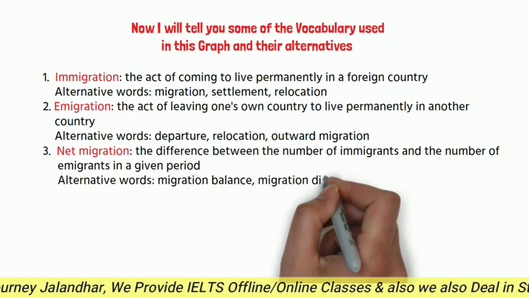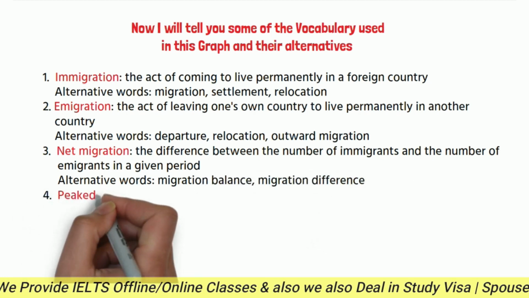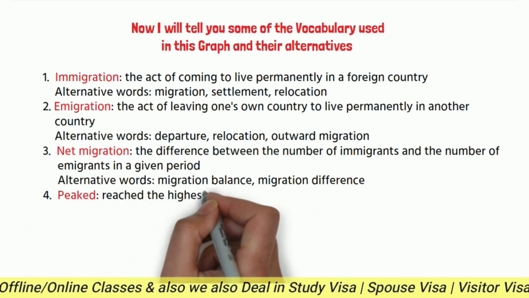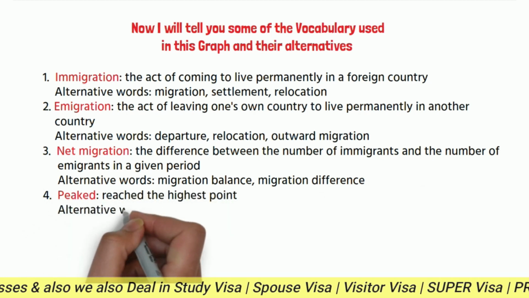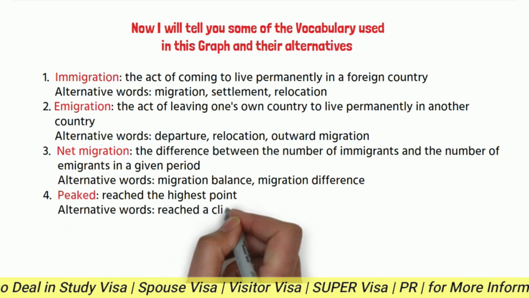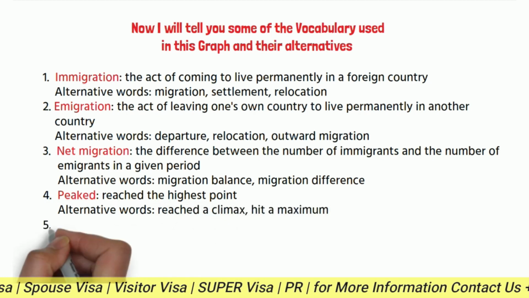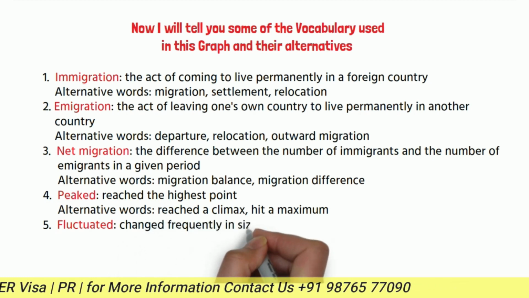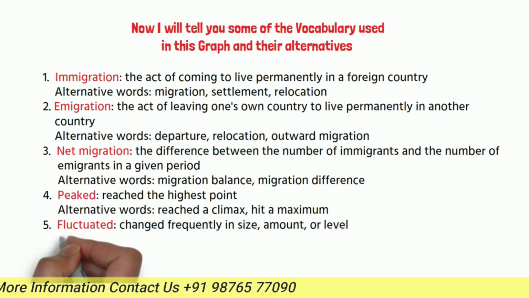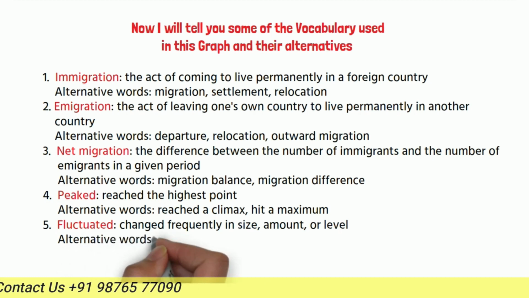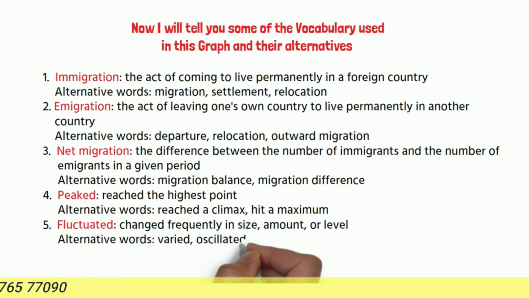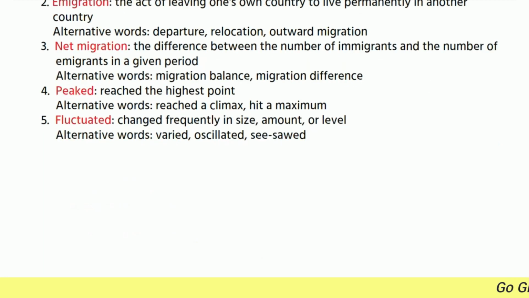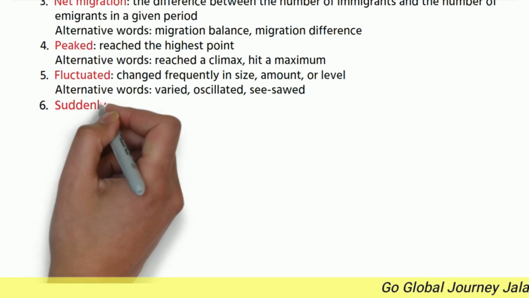Number 4. Peaked. Reached the highest point. Alternative words: reached a climax, hit a maximum. Number 5. Fluctuated. Changed frequently in size, amount, or level. Alternative words: varied, oscillated, seesawed. Number 6.